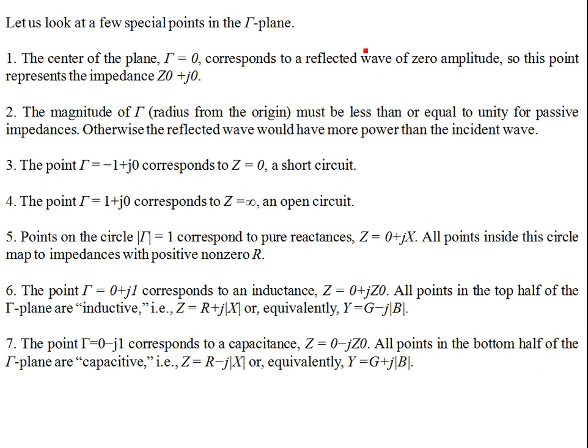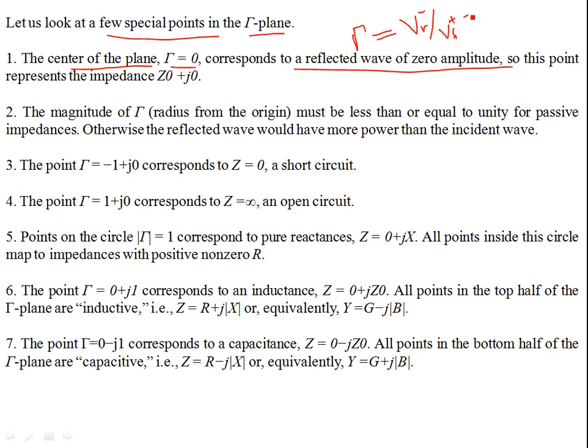But before that, let's consider a few special points for the gamma plane. The first thing is the center of the plane, what we discussed before, gamma equal to 0. It corresponds to a reflected wave of 0 amplitude. Isn't that right? Because gamma, by definition, is V reflected, with the minus sign to show its direction, over the incident, forward traveling wave, V plus.